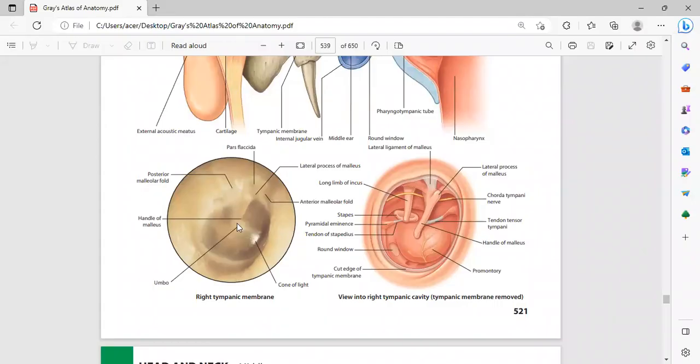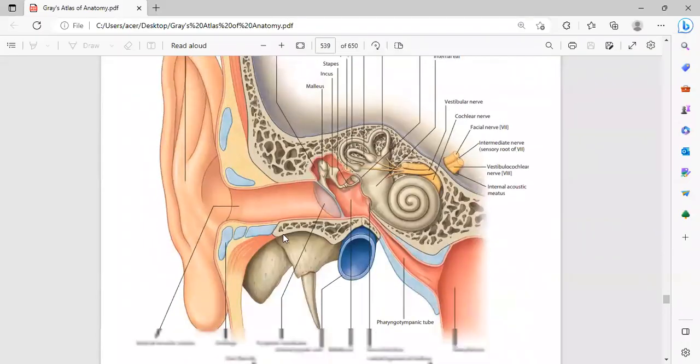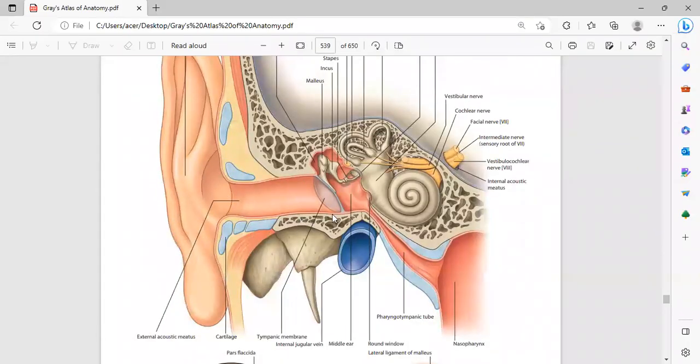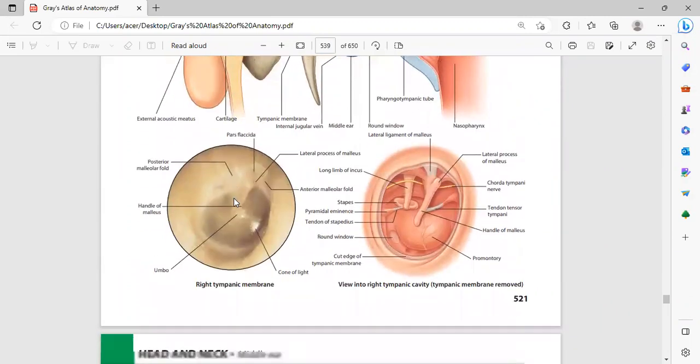It's a circular membrane and it lies obliquely at 55 degrees. We talked about how these walls are not symmetrical because of the obliquity. So it's inclined at 55 degrees to the external acoustic meatus.